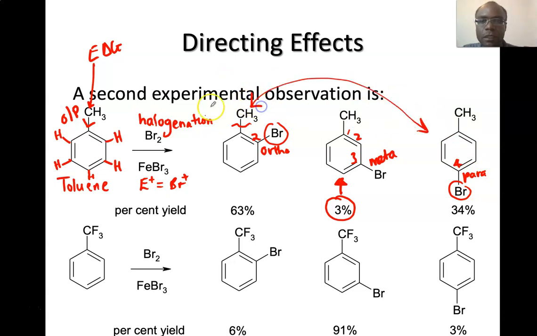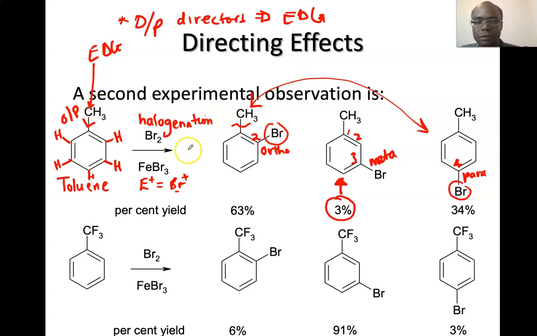Rarely will the electron donating groups presently sitting on the ring give you the meta substituted product. So ortho, para directors are always electron donating groups. Key point: ortho para directors direct the electrophile to the ortho position and para position. So ortho para directors are always electron donating groups, including the alkyl groups, OH, NH2. We'll look at the table shortly.